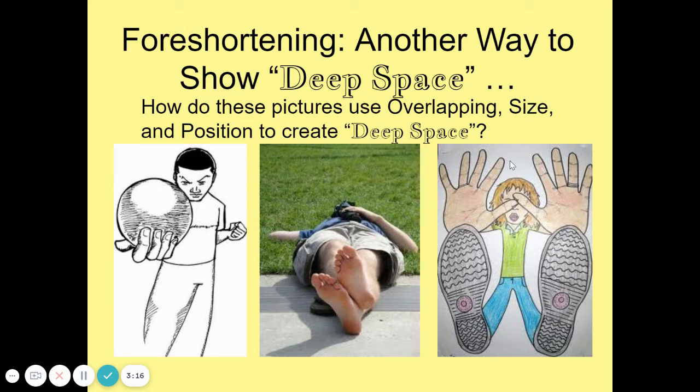So these three images are examples of foreshortening, where one part of the drawing or photograph is much larger than you would typically think it would be, to show that it's much closer than the other parts of the drawing. So if you look at this drawing, the boy holding the ball is in the front of the picture because it is so big. This is like a forced point of view or forced perspective, we call it sometimes.